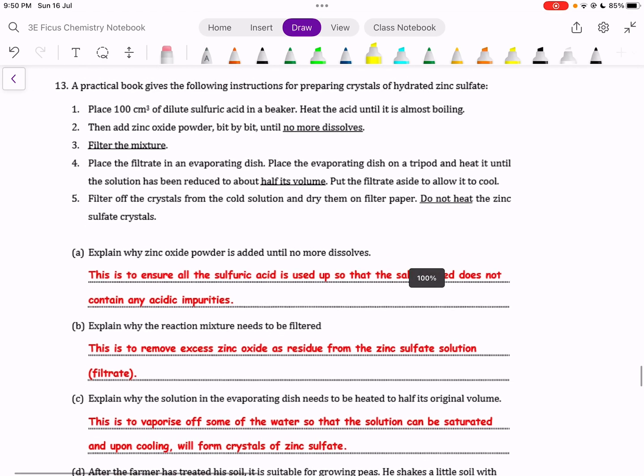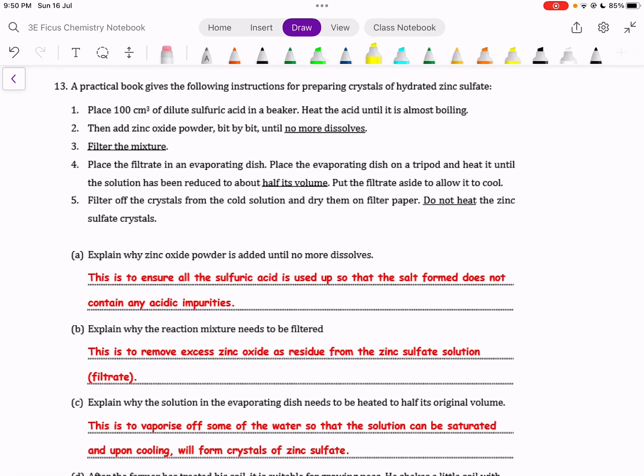Let's take a look at question 13. A practical book gives the following instructions for preparing crystals of hydrated zinc sulfate. First, place 100 centimeter cube of dilute sulfuric acid in a beaker. Heat the acid until it's almost boiling.